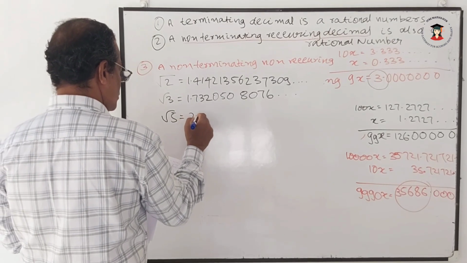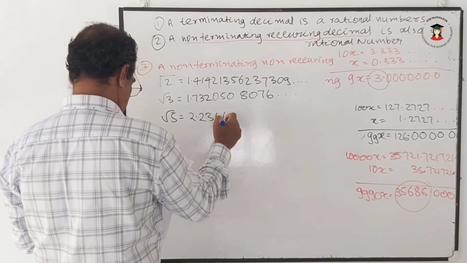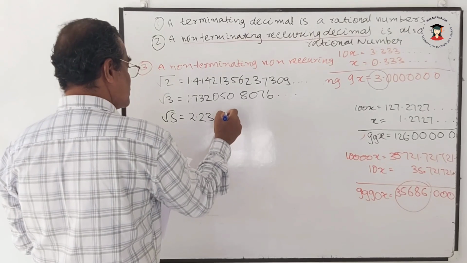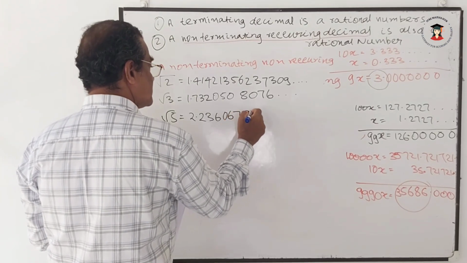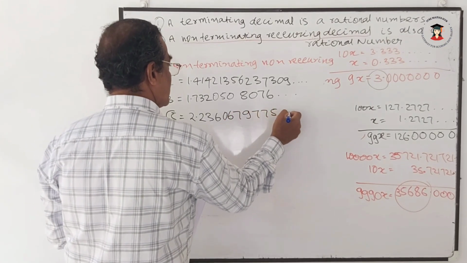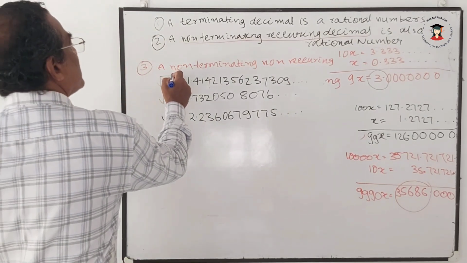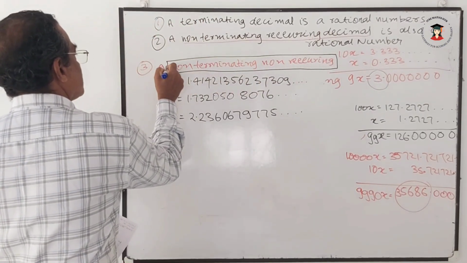Root 5 is equal to 2.236 06 79775, etc. So these all numbers are non-terminating and non-recurring.